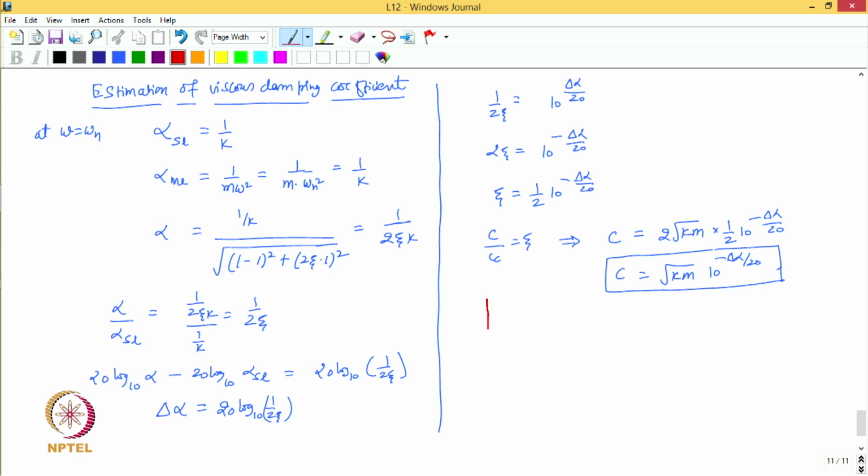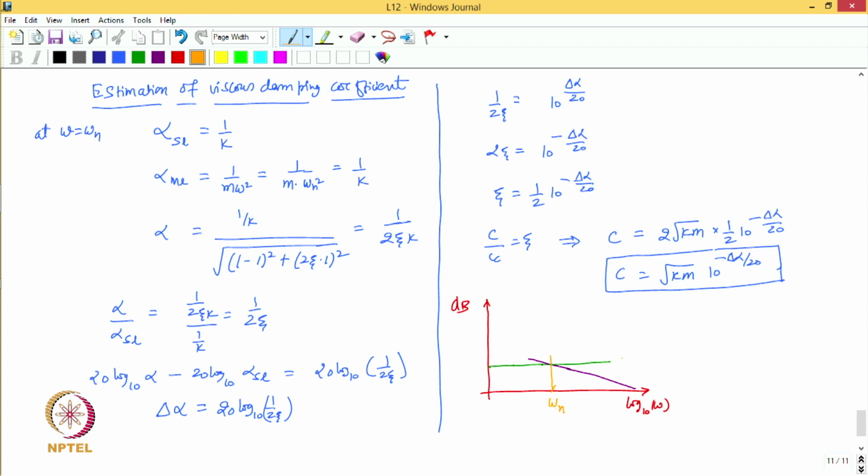So, let us make a plot of this first. Here we are plotting the magnitude in dB versus the log frequency axis. Let us say this is the stiffness line we have, and we have, let us say, the mass line, right, and we know that they intersect at omega equal to omega n, right.